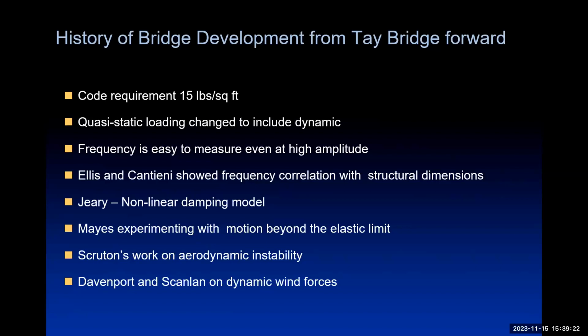Kit Scruton had defined exactly what the mechanism was and the equation which would define the speed of the wind which would create an instability. And so we have the Scruton number, which defines exactly how we calculate that.